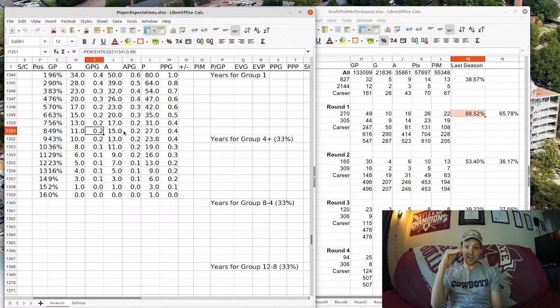Now, again, it's plus or minus that kind of performance. It could be a second line player, could be a fourth line player, or doesn't even make the NHL. That's just the average. So I would say first round picks are valuable.